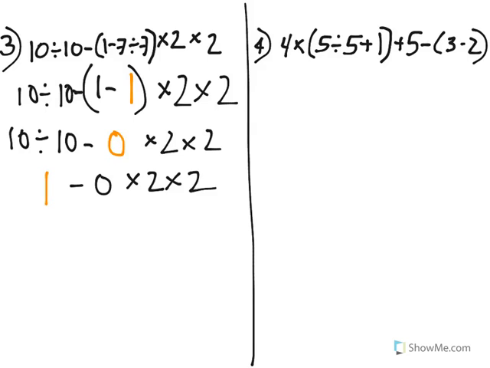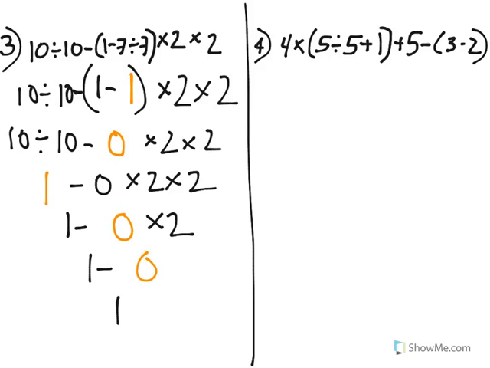Okay, now we need to do multiplication next, and we have to do 0 times 2 first because what comes first, left to right. So 0 times 2 is 0, and now we can continue to write everything. We're left with another multiplication statement, 0 times 2, which again is 0. And we'll write down everything else. And simply 1 minus 0 is 1.